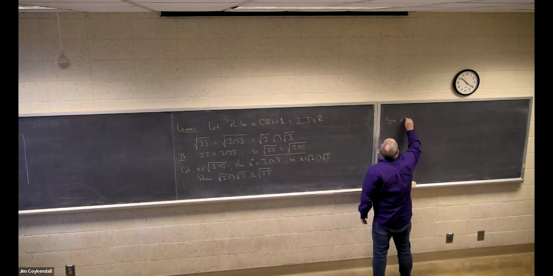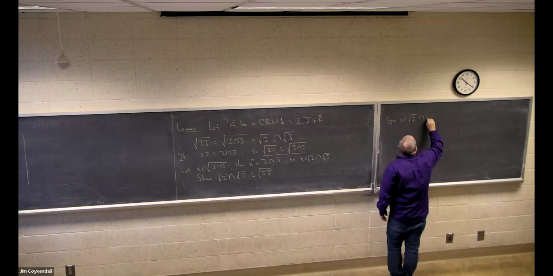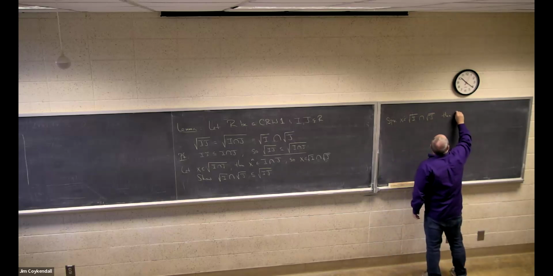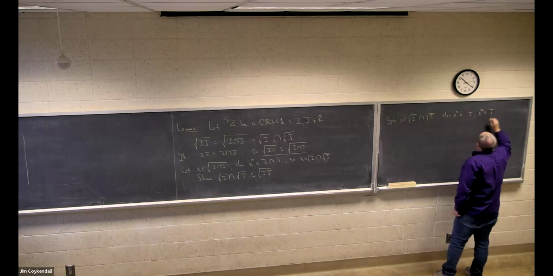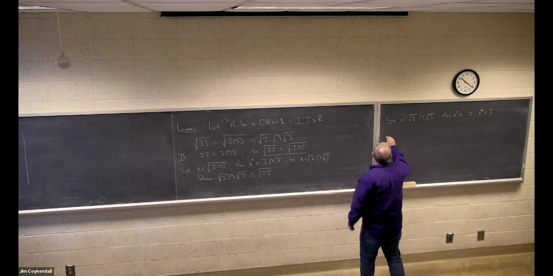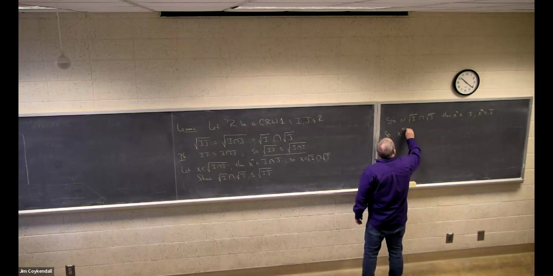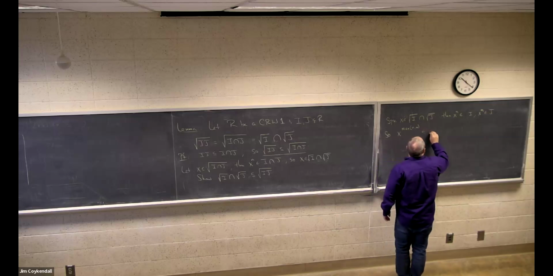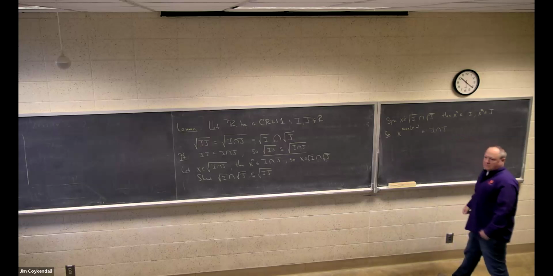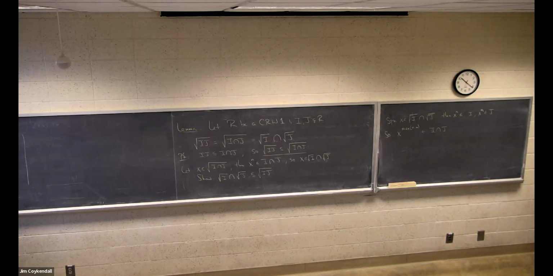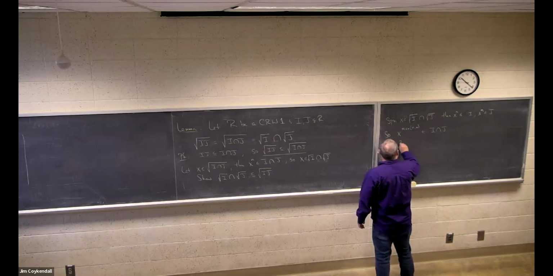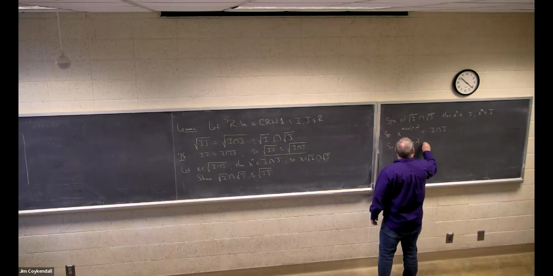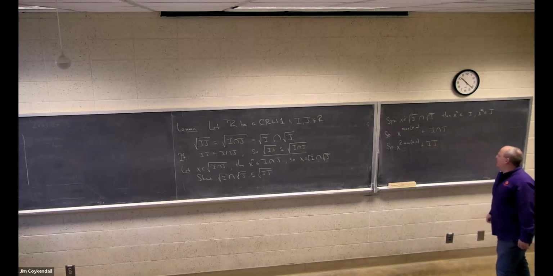Suppose X is in radical I intersect radical J. Then X to the n is in I, and X to the m is in J. So X to the n plus m, and we already have the containment of the first one, that's it, right? Therefore.